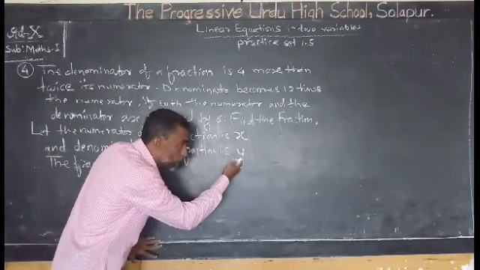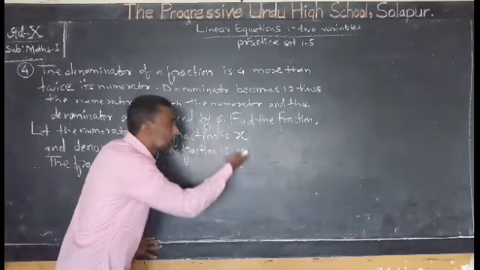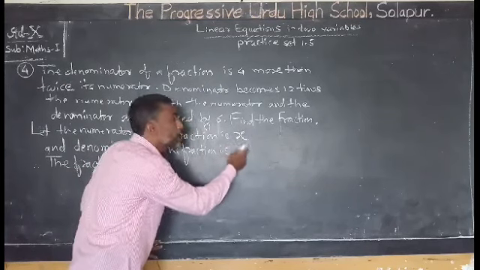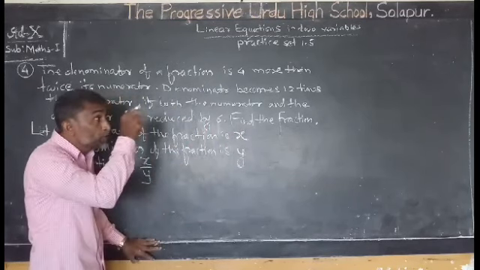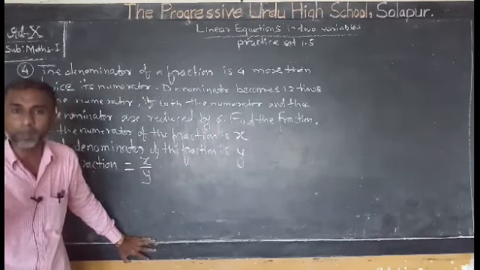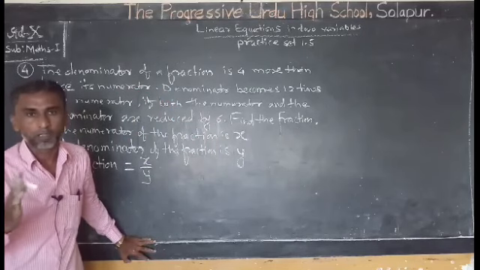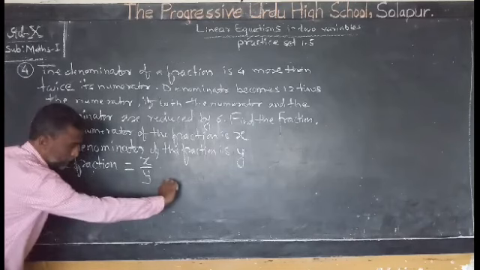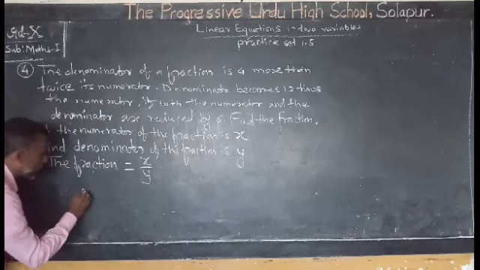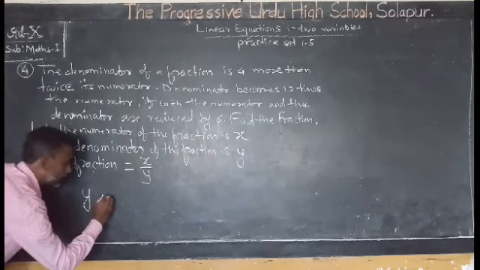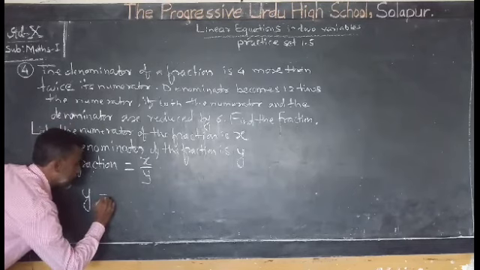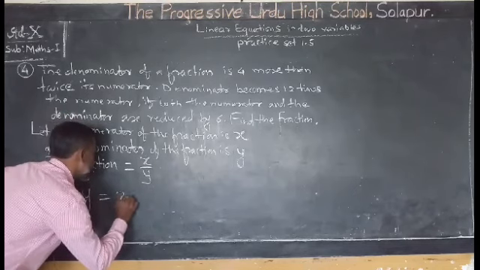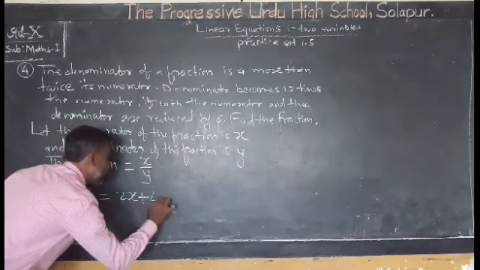This denominator is 4 more than twice its numerator. So using this information, we can make the first linear equation. Now this y, according to the information, y is equal to 2x plus 4. How is it?